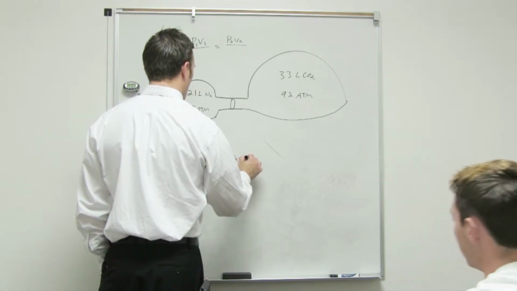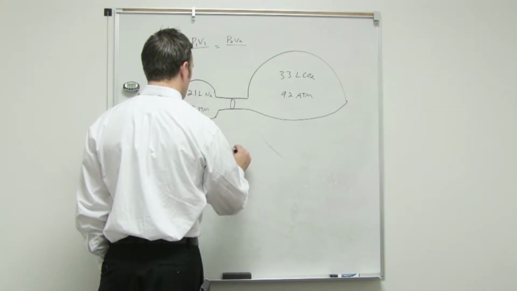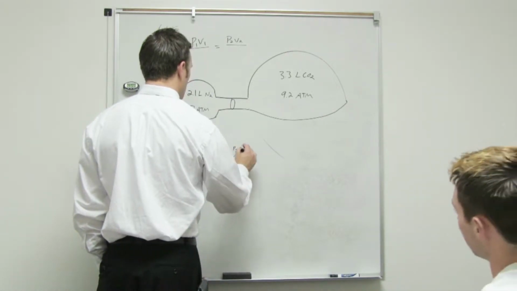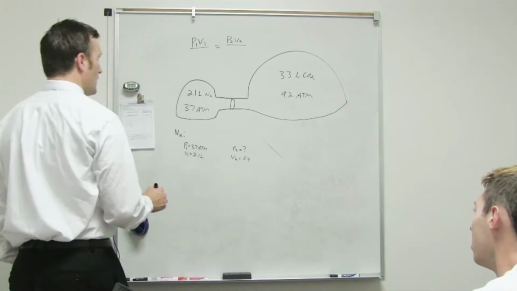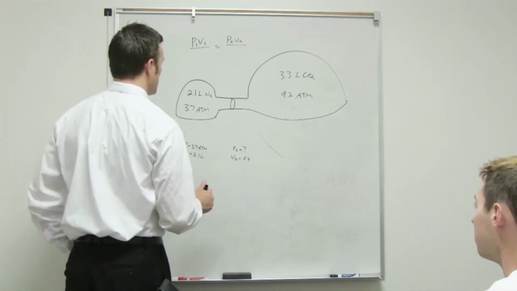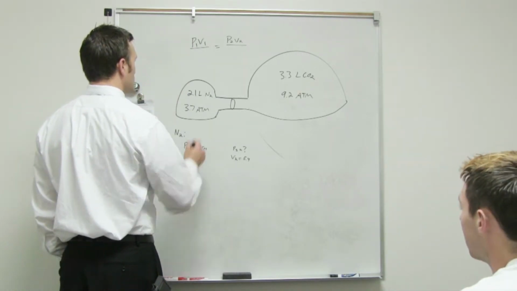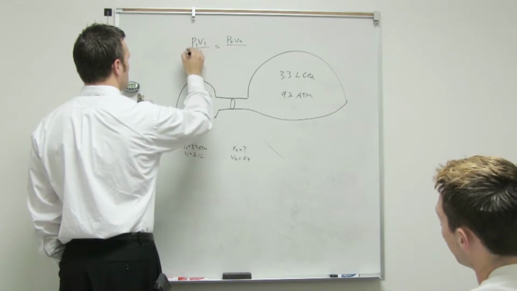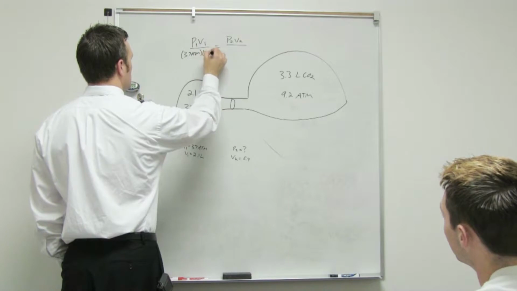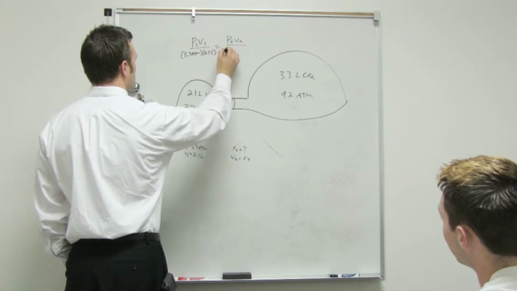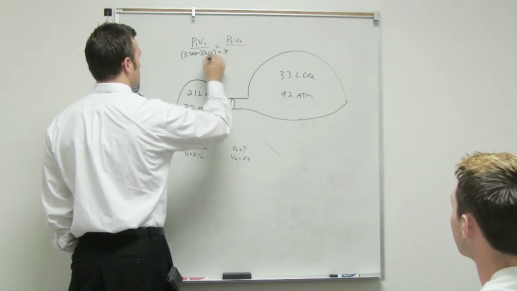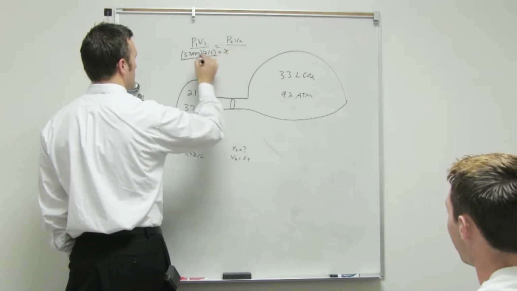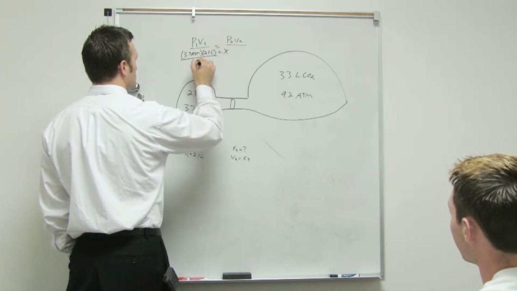But we don't know what P2 will be. So that's what we have to solve for. And so if you plug that in, you go 3.7 times 2.1, and then divide that by 5.4 would give you your P2.